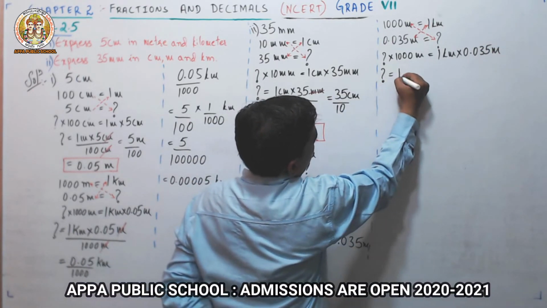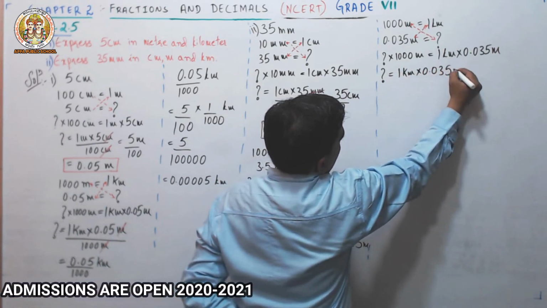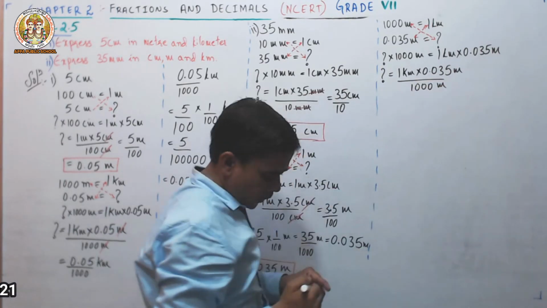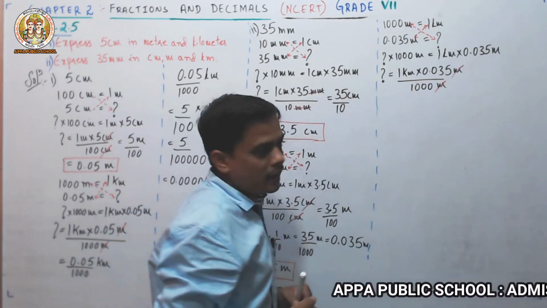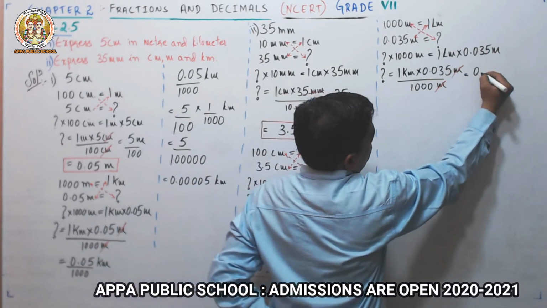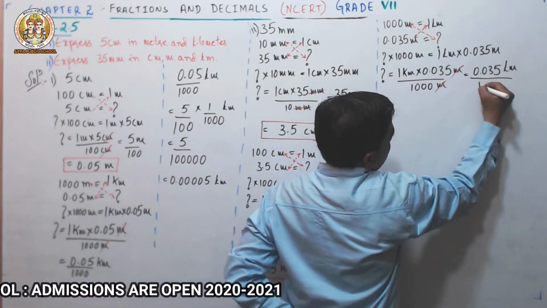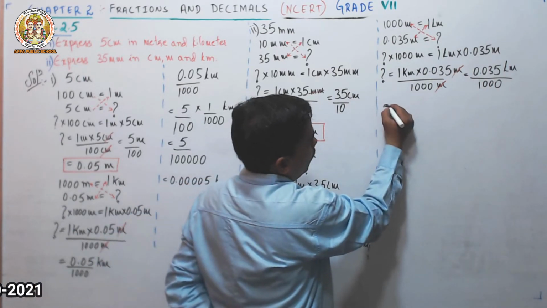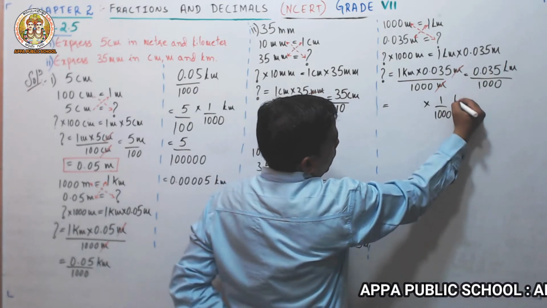Question mark is equal to 1 kilometer into 0.035 meter divided by 1000 meter. Once again the units, please cancel them. Only the units I can cancel. Next, how much will you write? 0.035 into 1 is 0.035 only. Write this kilometer as it is, divided by 1000. Therefore, what I will write is into 1 by 1000 kilometer.